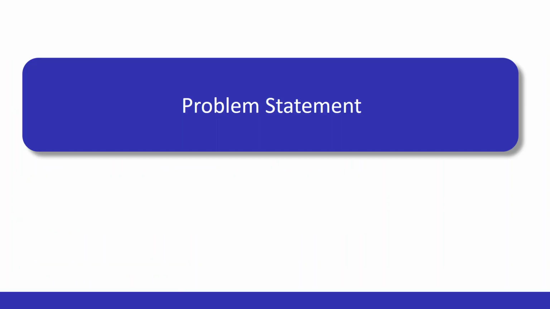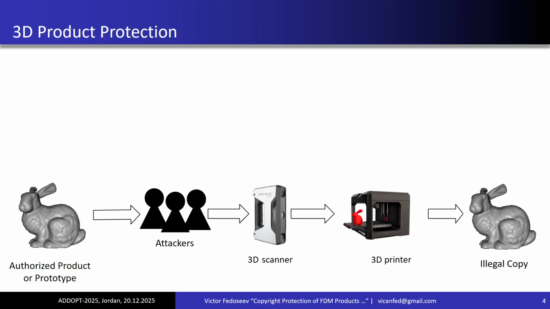And so, problem statement. Imagine that we have an authorized product or product type, and it can be stolen by some attackers using a 3D scanner, then they can obtain a 3D model, and then they can print it using their own 3D printer and obtain an illegal copy.